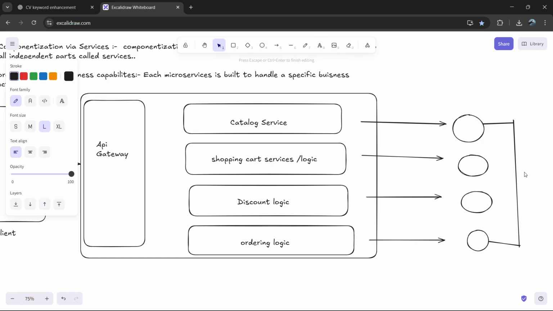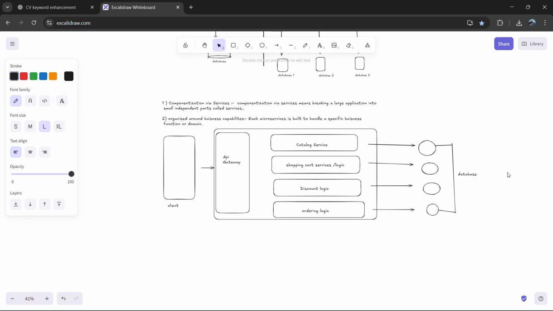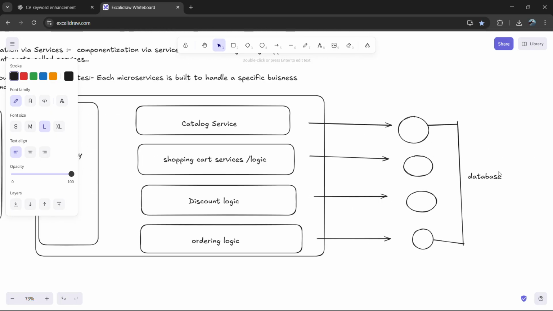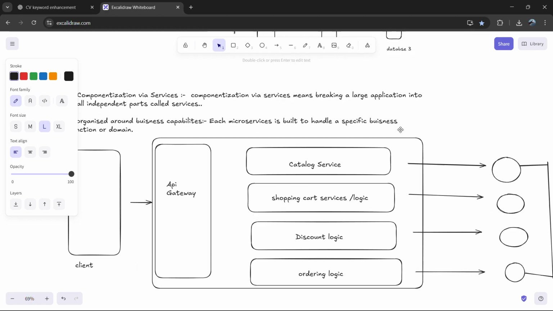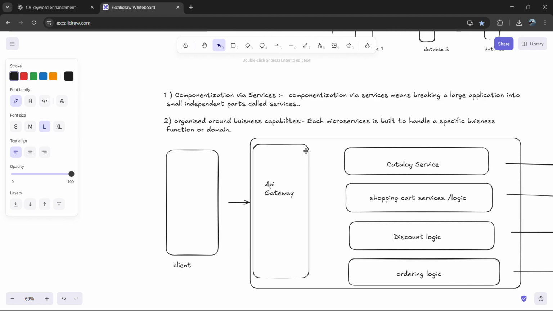This is our database for each service. So I think point 2 is clear to all of you, that each microservice is built to handle its specific business domain.